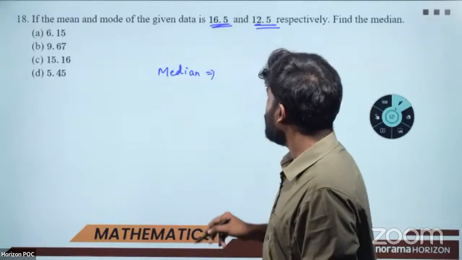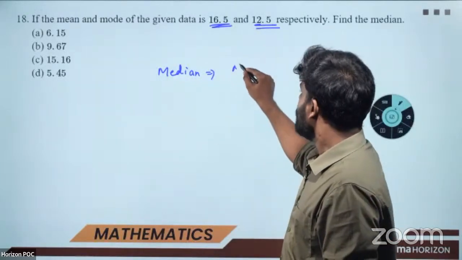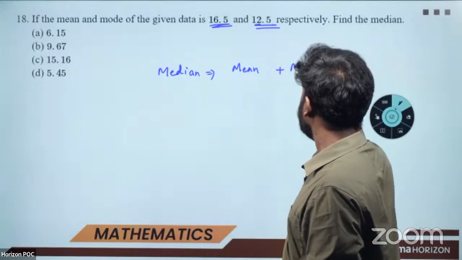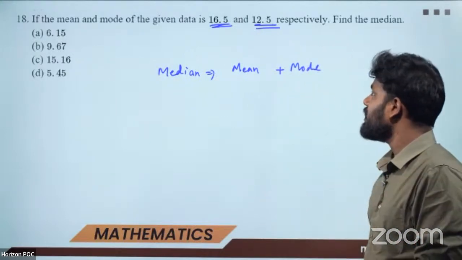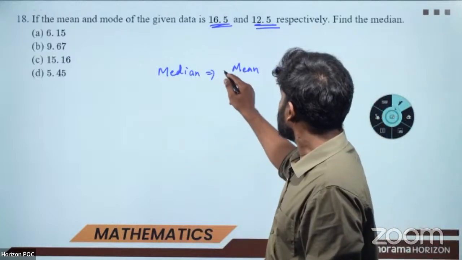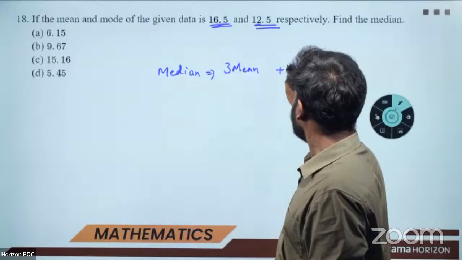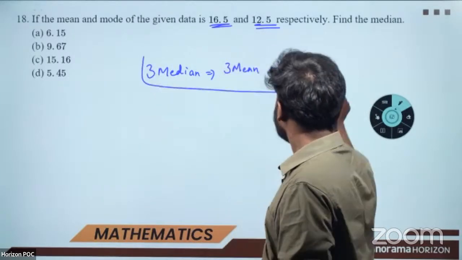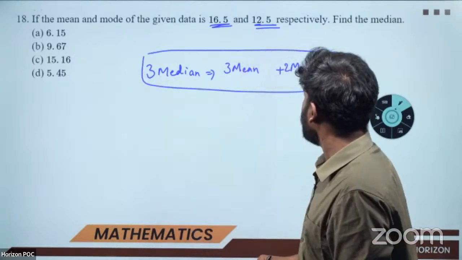The median can be found out using the formula what? Mean plus mode. So can we use just mean plus mode to find out the value of median? Is that the right way? No. So what you have to do is 3 mean plus 2 mode, right? And 3 median is equal to 3 mean plus 2 mode. So in this way, you can find out the answer.